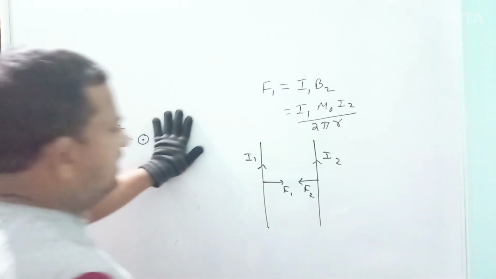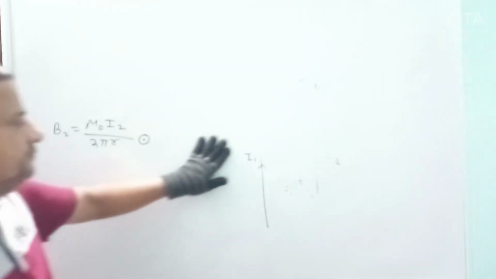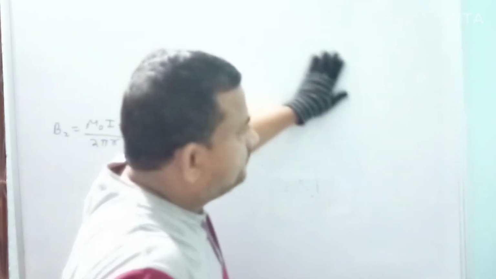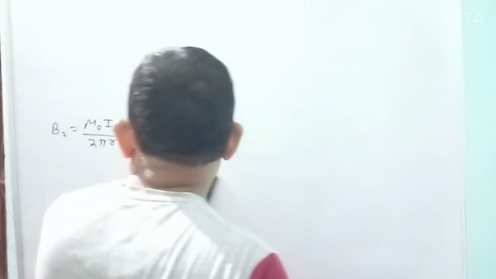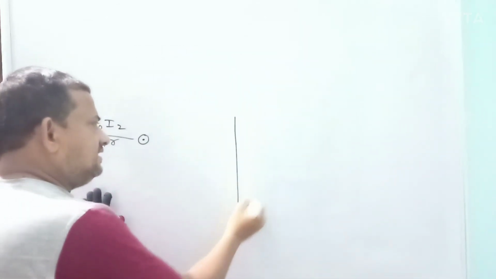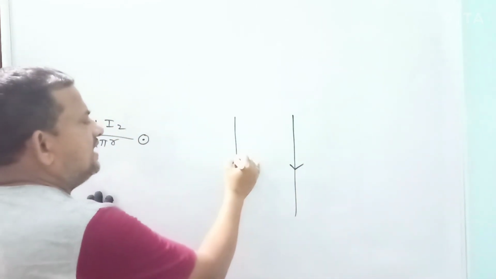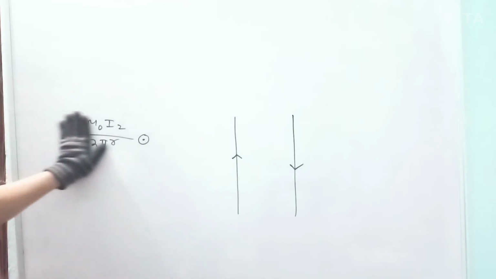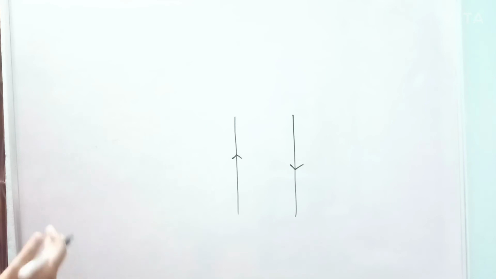But students, if I change the direction, suppose current is in this direction and in that direction. I mean both are in opposite directions. So what happens? Same case.